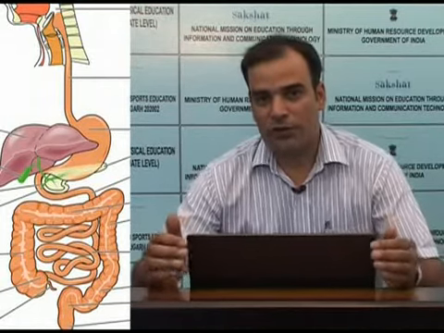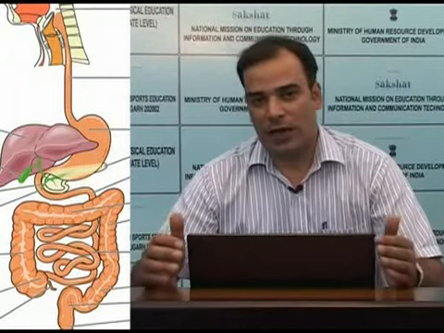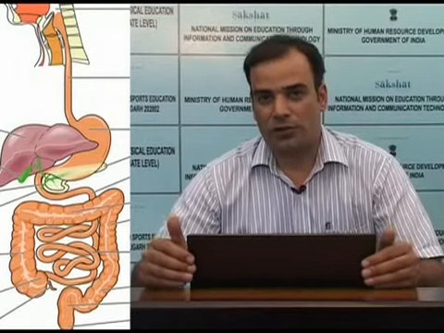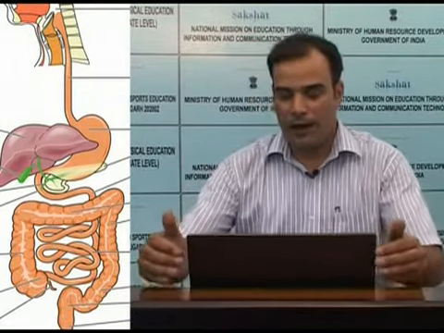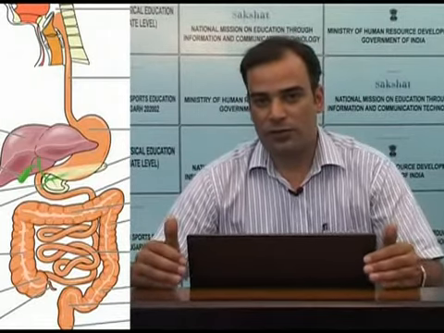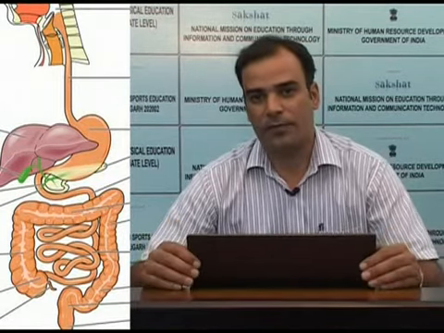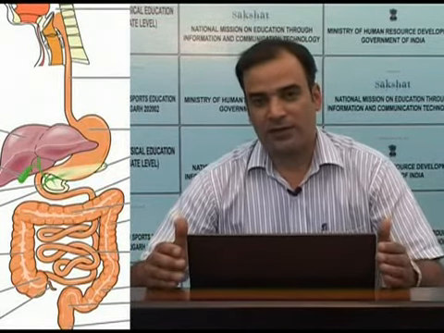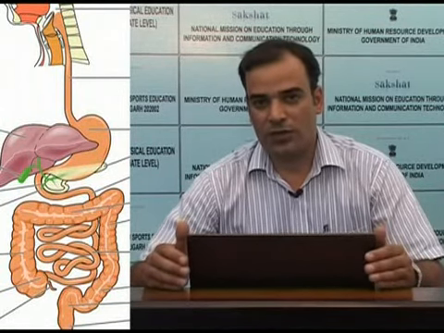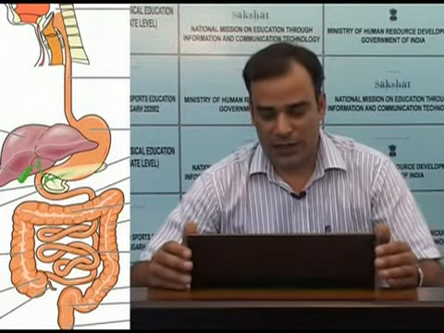So, the food that we ingest cannot be utilized unless the bigger molecules of food are broken down into smaller molecules. And this breakdown of the larger molecules of food into smaller molecules takes place inside our digestive system. So, the next function of our digestive system is to break down larger molecules of food into smaller molecules so that they can be utilized.